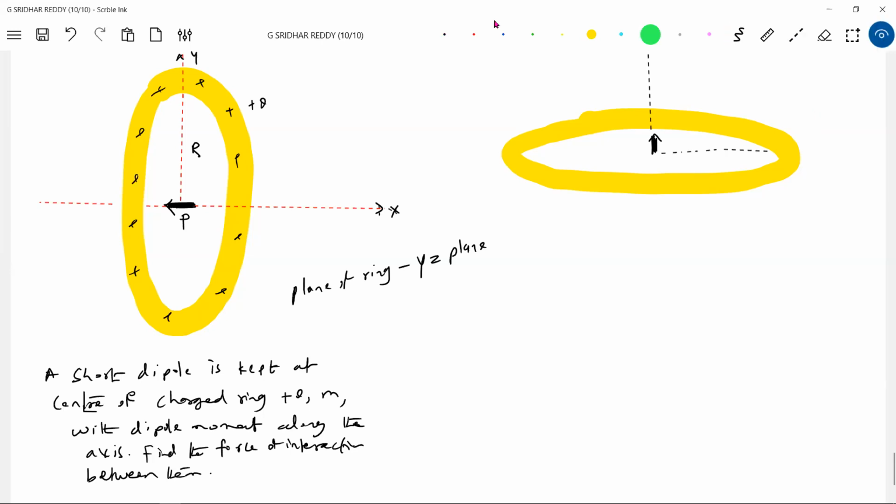If the dipole, let me keep it here, is a short dipole, how will the field be? This will become like a bisector, am I right? This will be the axis of the dipole, and this will become the bisector. So how will the field here be? The field everywhere will be opposite to P bar.